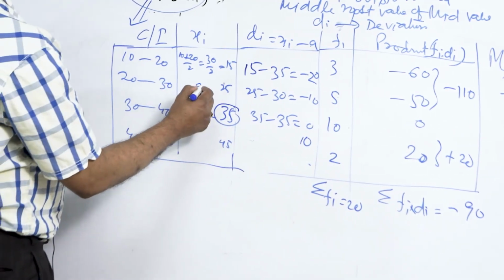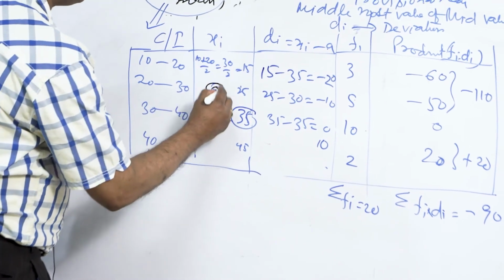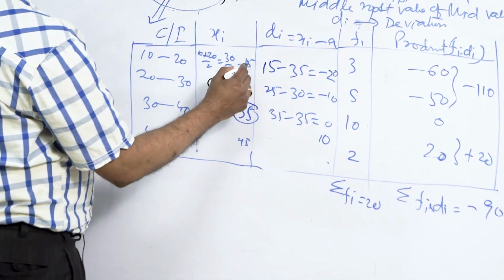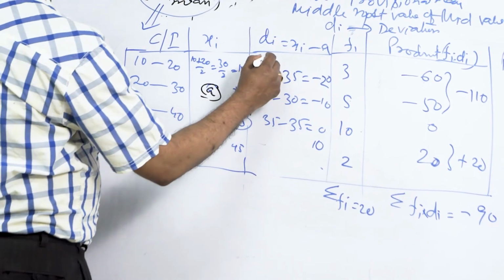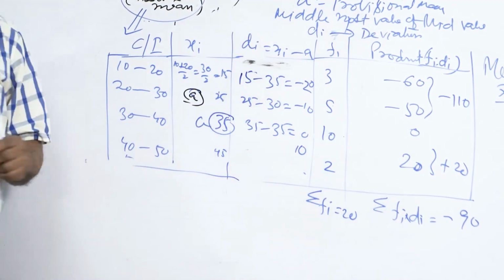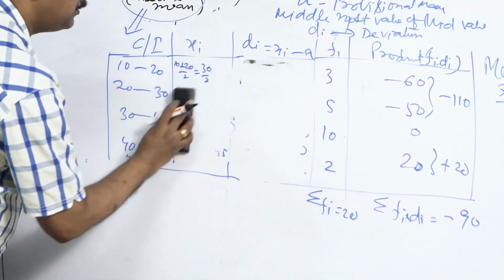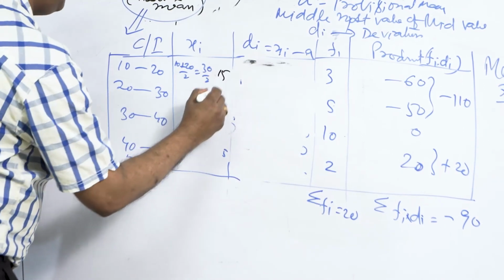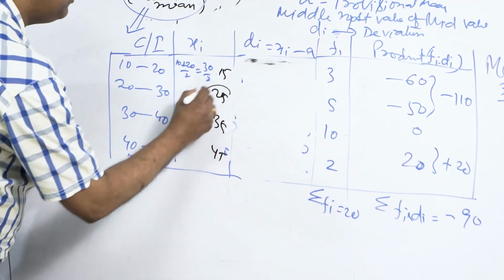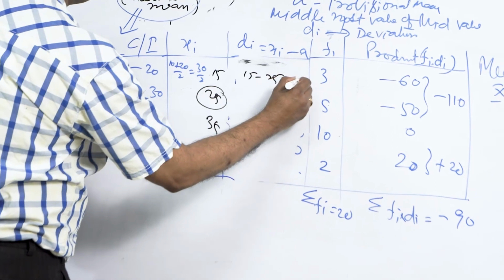If suppose I consider A here, okay, what will happen? For example, 15 minus 25, how much will it be? Look at here, if I change this value, what will happen? So it's 15, 25, 35, 45. I am telling you here. So 15 minus 25 is minus 10.